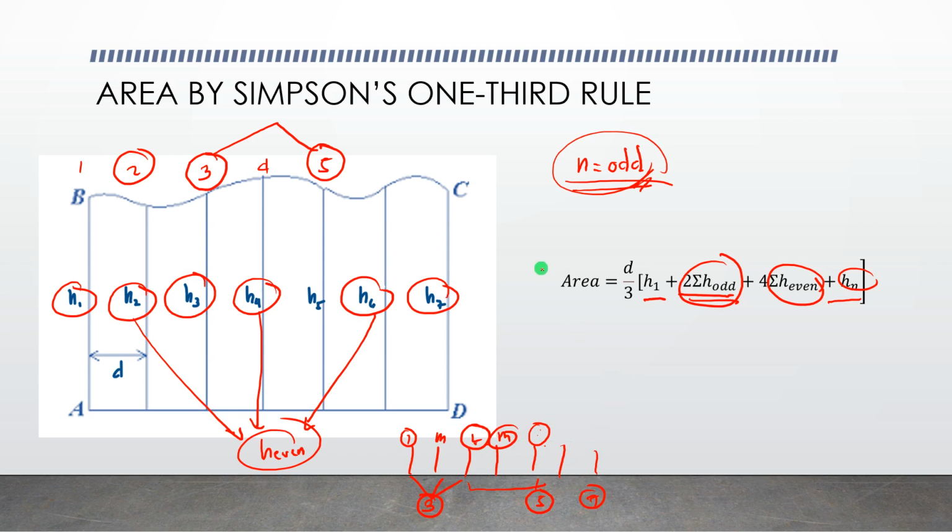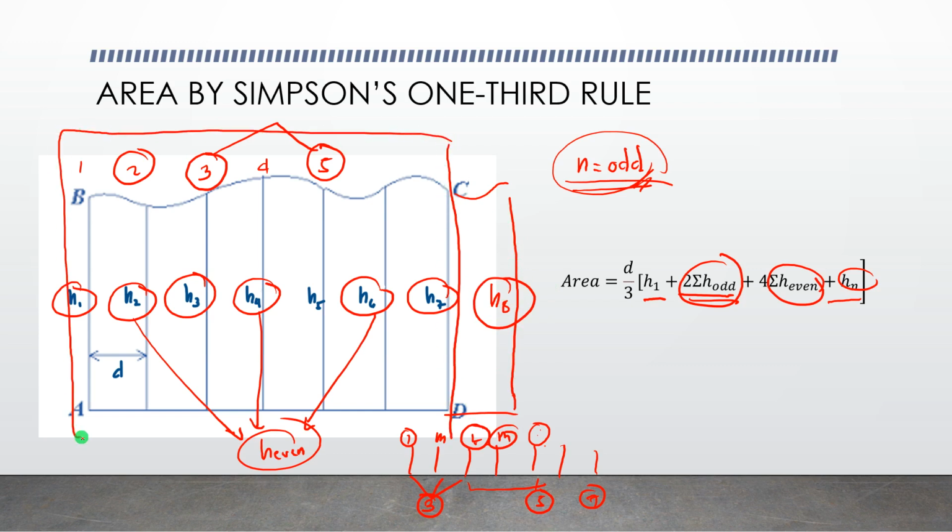So what happens if the last station is an even number? This is h of a. What will happen to our solution in computing the cross-sectional area using Simpson's one-third rule? We compute the area from station 1 to 7 using Simpson's one-third rule.